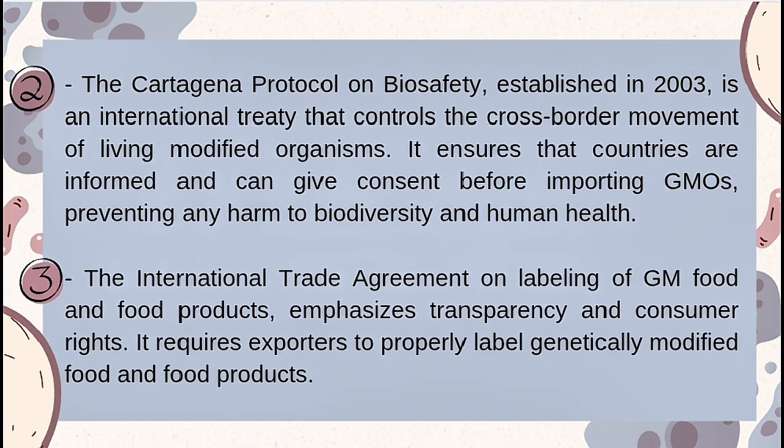It also gives importing countries the right to reject or accept GM food based on their national policies. And the goal of this principle is to give consumers the freedom to choose what they eat and to promote honesty in global food trade.